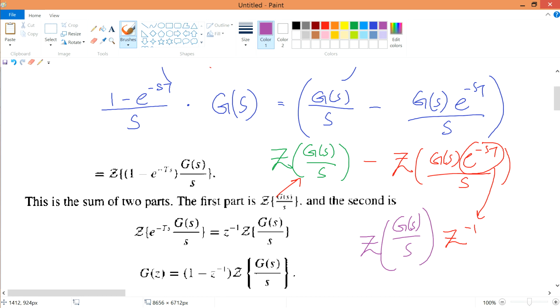So the G(s)/s, we still don't do anything about it. Z^(-1) is just indicating that you are delayed by 1, that's all. You can switch the delay by 1 into the Z domain.